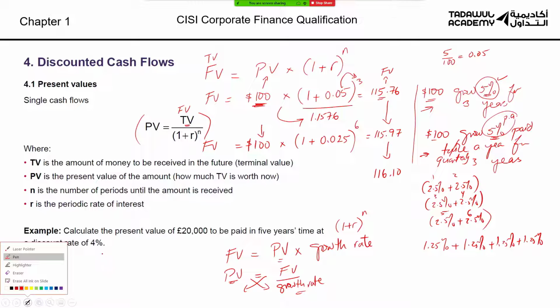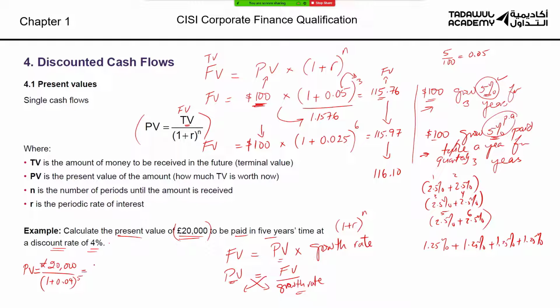So let's look at this one. Calculate the present value of 20,000 pounds to be paid in 5 years. So I know I have a certain liability to pay in 5 years, 20,000 pounds, and the interest rate, or discount rate, is 4%. So the present value, how much I should invest today, equals the future value, which is 20,000 pounds, over 1 plus the rate, which is 4%, to the power 5 years.